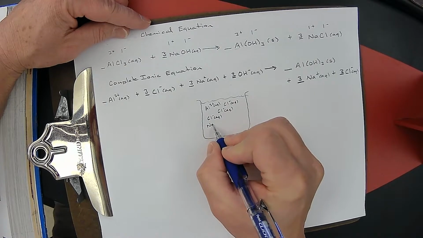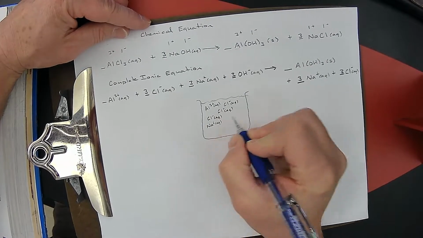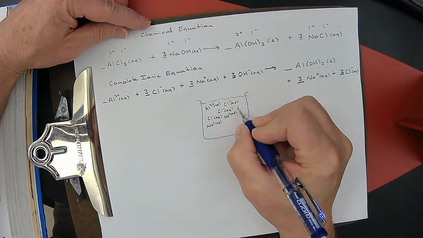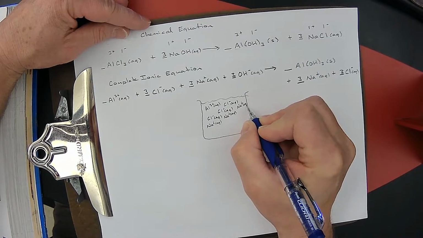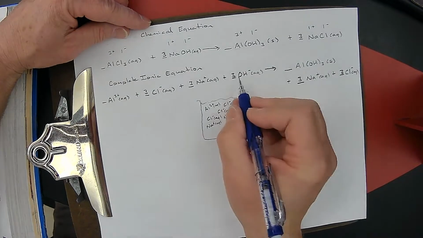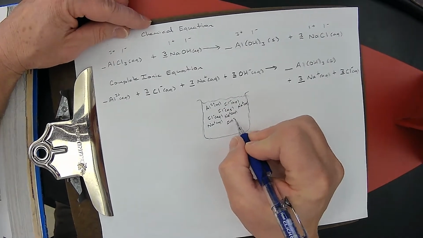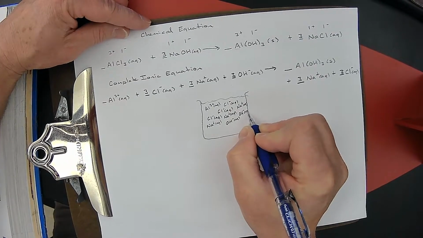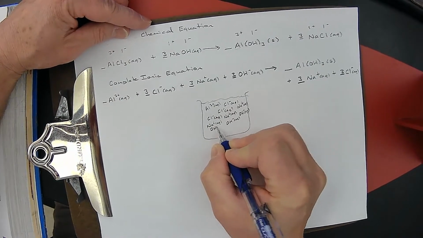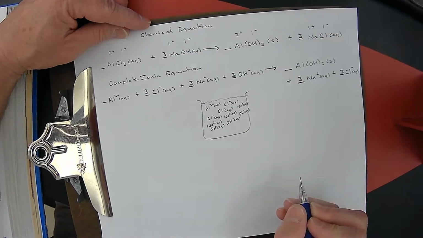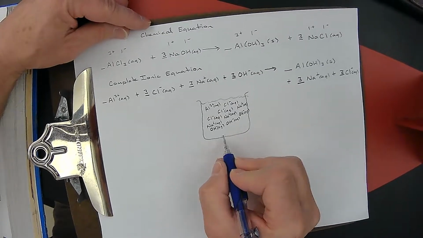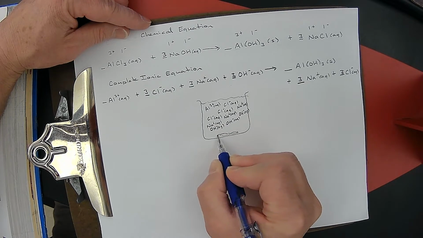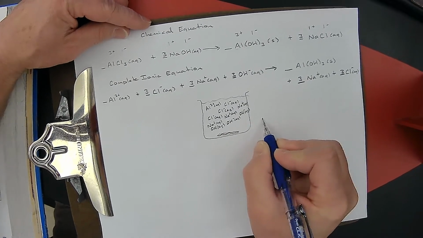Na pluses floating around, also a ratio of 3 of them. And then OH minuses floating around, and I've drawn them all kind of grouped together, but obviously they would be free to float around wherever they want. And then there would be a solid precipitate forming down on the bottom.